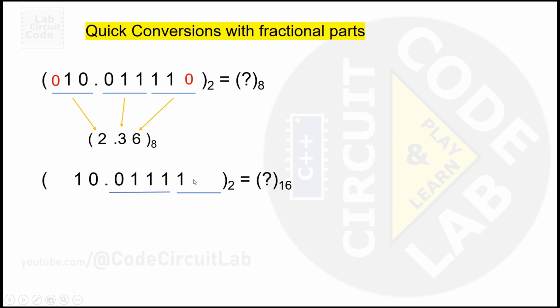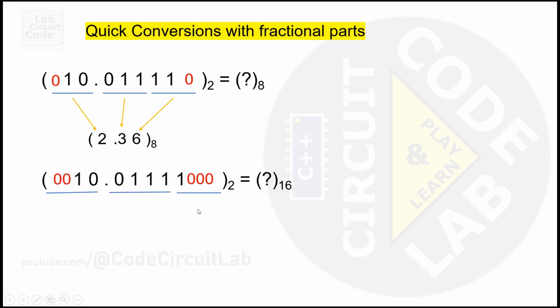In order to not make any mistakes, we add 3 zeros. And then we go to the grouping of the integer part, which is done from right to left. And again, in order to not make any mistakes, we add 2 zeros at the integer part.